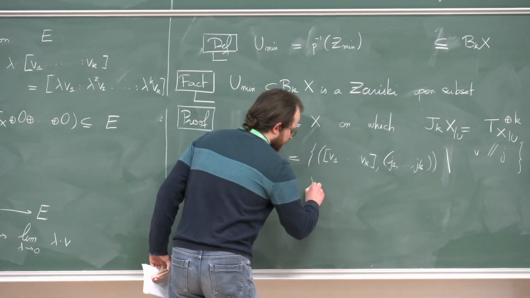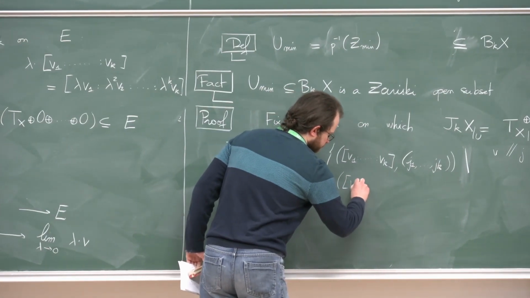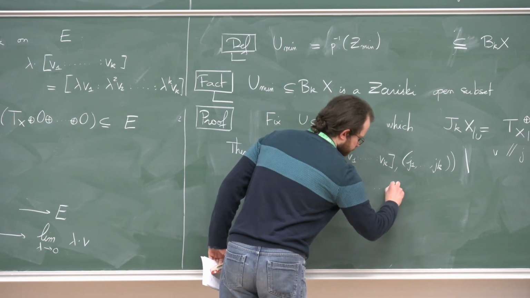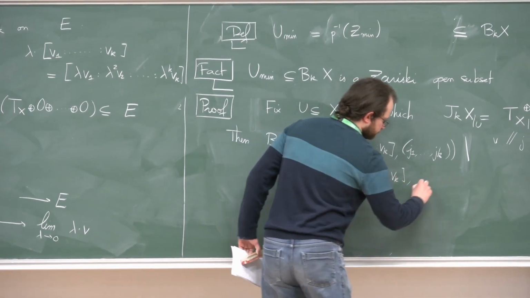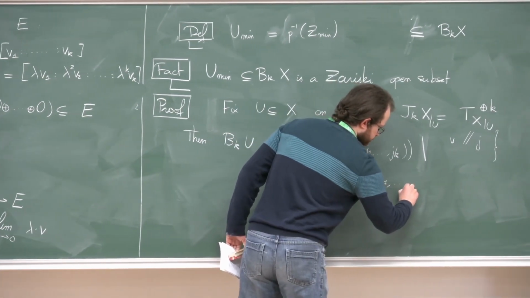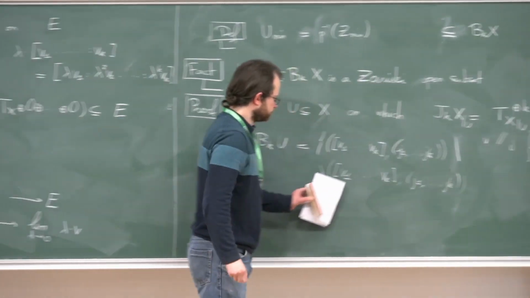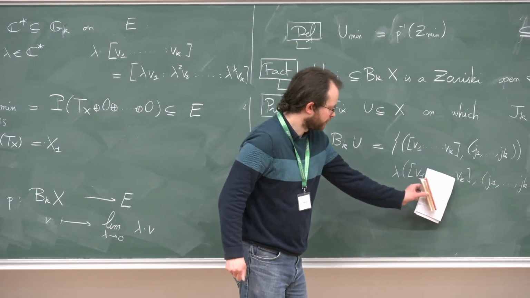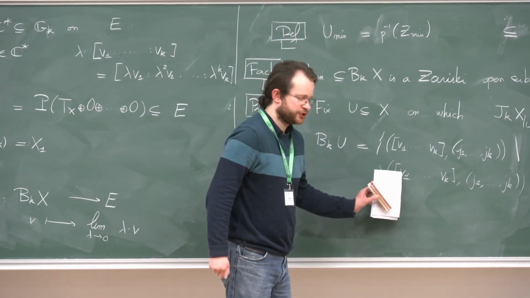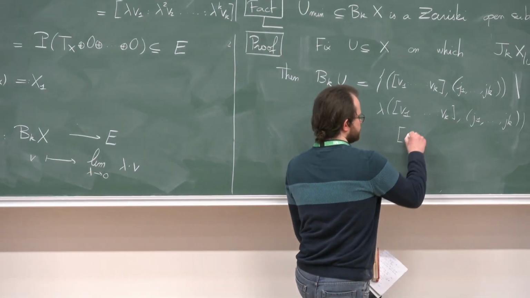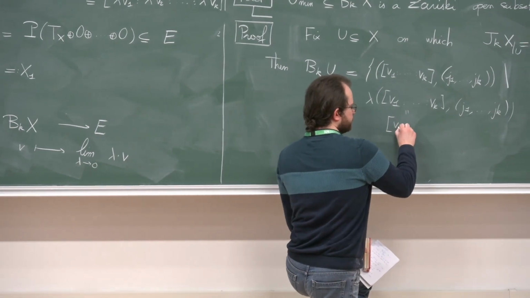So if I make lambda act on this couple, all right, so I have the weights 1 up to k, but this is homogeneous. So this is actually equal to V1.